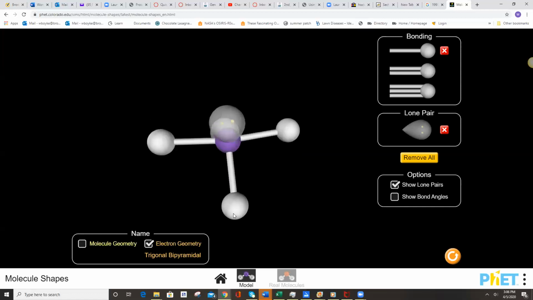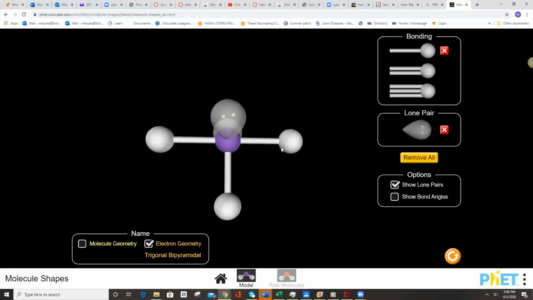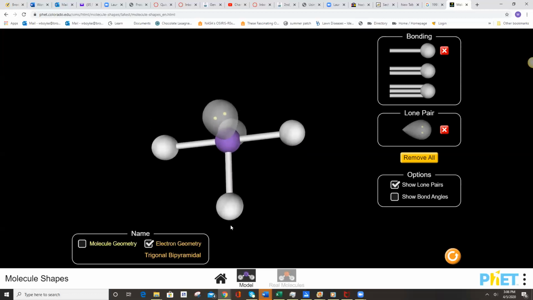So I'm going to move the molecule so you can see where they get the name for this molecular geometry. Remember, the molecular geometry is just where the atoms are situated, and you can see it looks like a T. And being it looks like a T, we end up calling this T shape.